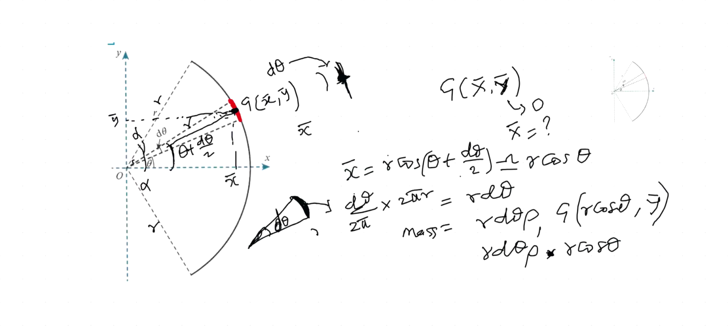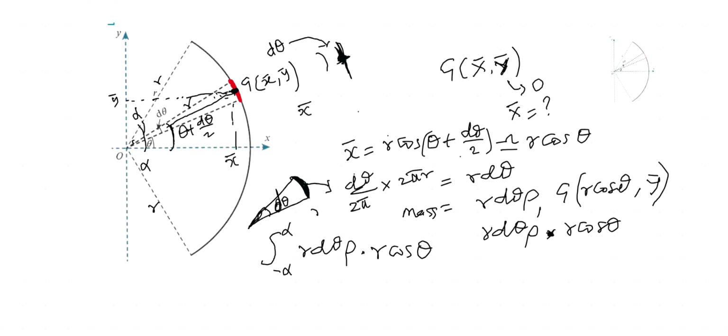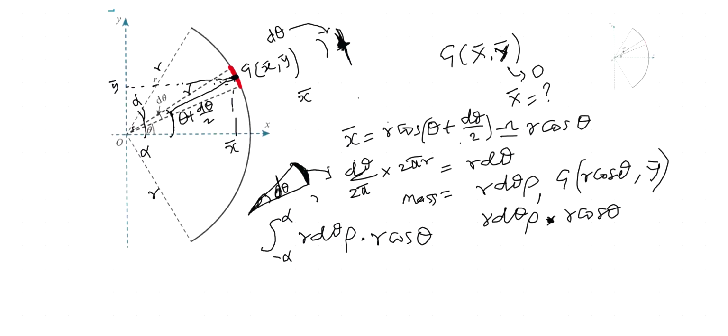So we have the integral from minus alpha to alpha of r d theta rho times r cos theta. This is what is going to give me the summed moment.